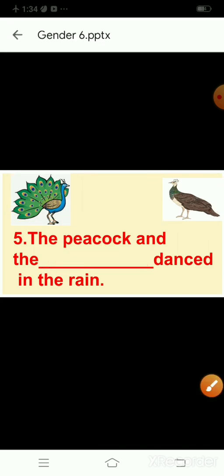Right, let's write down. P-E-A-H-E-N. Peahen. Repeat, children. The peacock and the peahen danced in the rain. Let's see the next one.